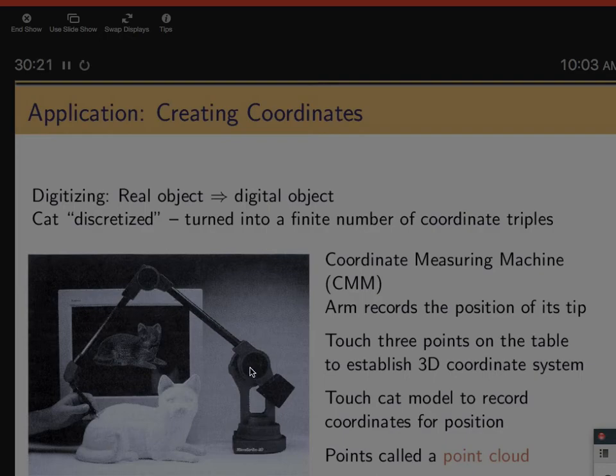It knows the lengths and angles of each of these. And so when I move this tip around and I touch some point and I say mark, it actually can compute all of those angles and say, now I have gone through not one transformation. So there's the point on the cat, okay, in the global coordinate system.